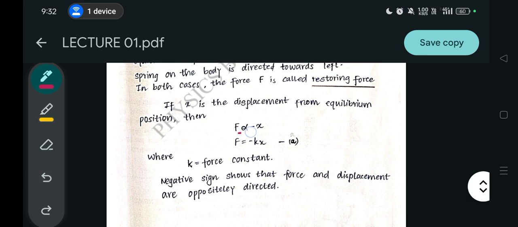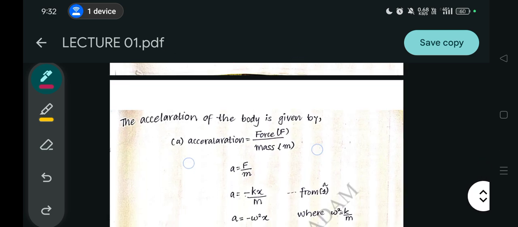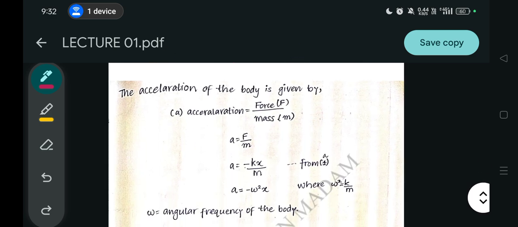Now we will remove this proportionality sign and add a proportionality constant, which is the force constant. So now we have F, which is force, equals minus kx. The negative sign shows that the force and displacement are oppositely directed. Now we know Newton's second law, which is given by F equals ma, force equals mass into acceleration.